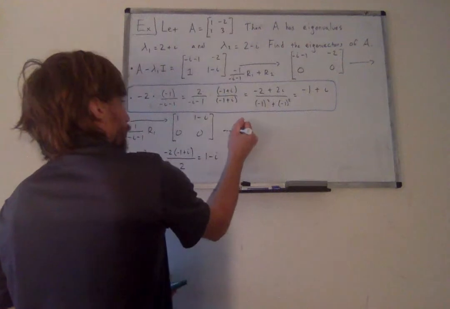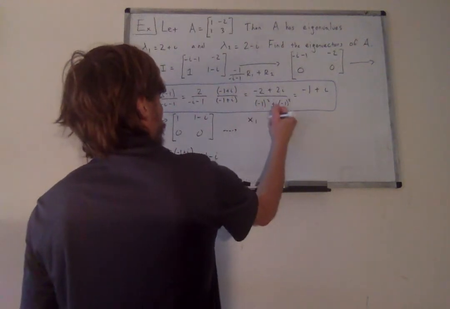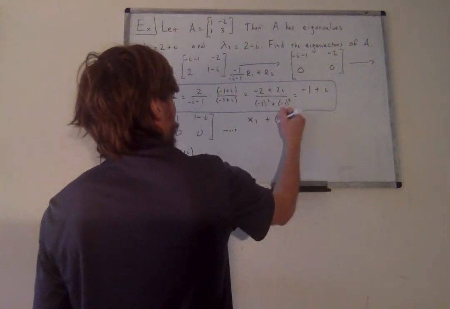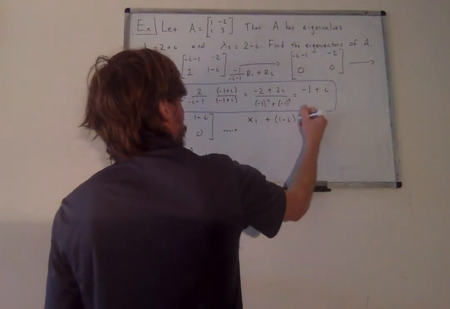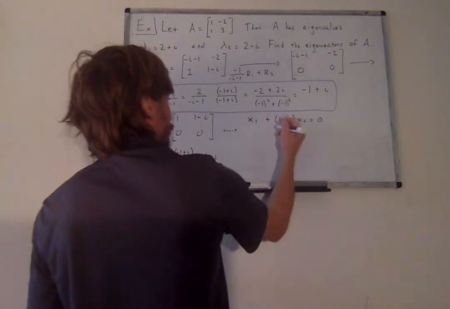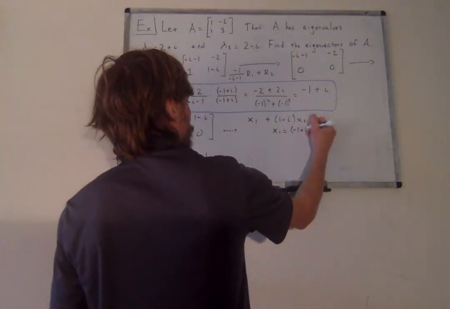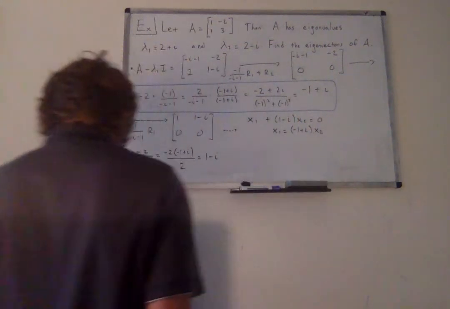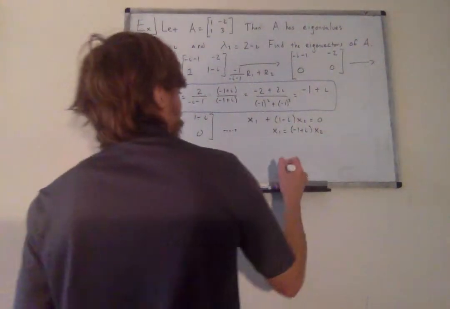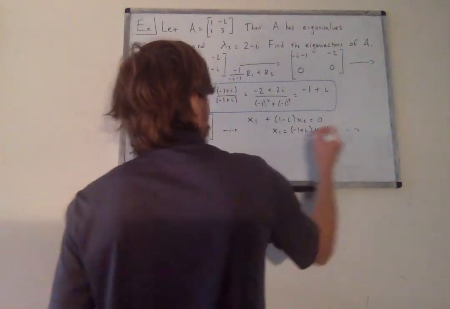And so if you'll remember, this corresponds to a homogeneous system of equations, where again, I've just got this complex number here, but that's okay. And I'll just do the same subtraction. And so this corresponds to an eigenvector.